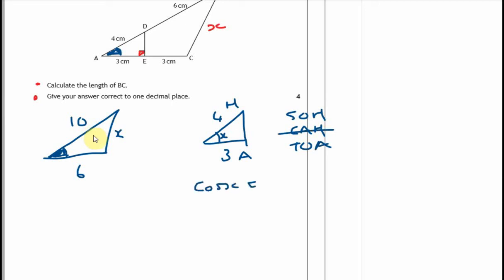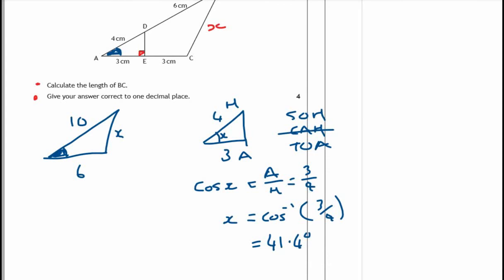Sorry, I will get better at writing. Cos x is equal to the adjacent over the hypotenuse, which is 3 over 4. So x is equal to the inverse cos, cos to the minus 1, shift cos, whatever you want to call it, of 3 over 4. That's going to give me 41.4 degrees.